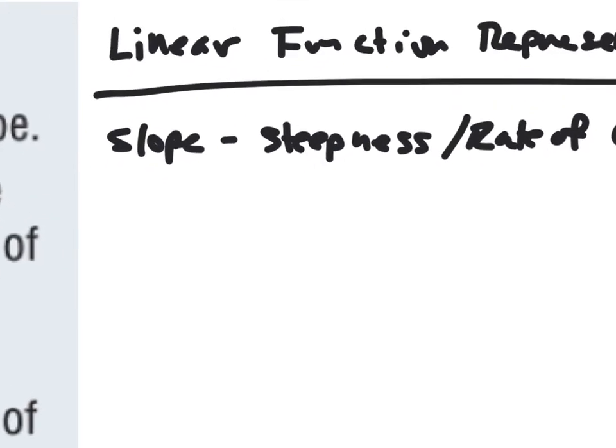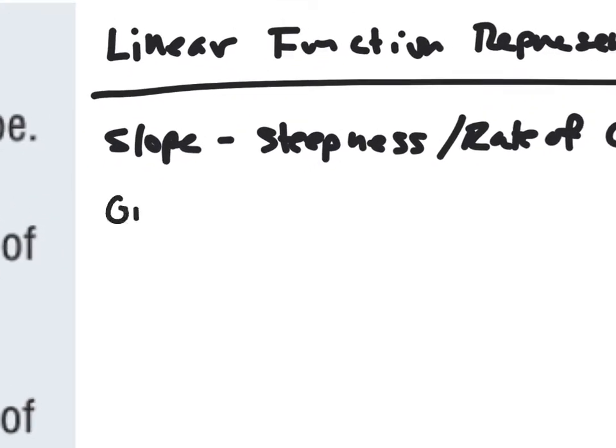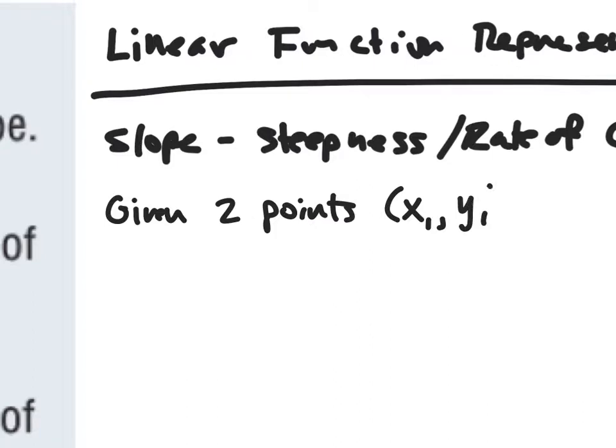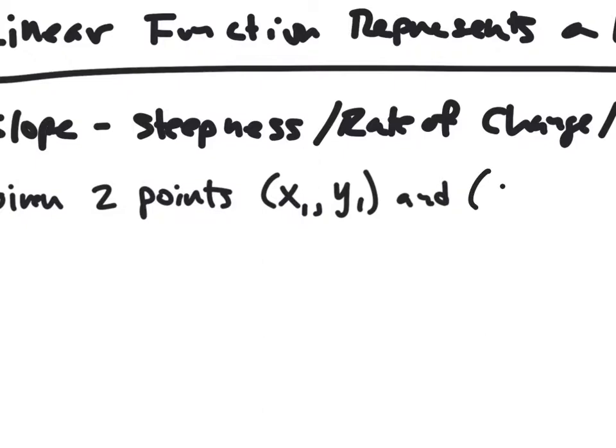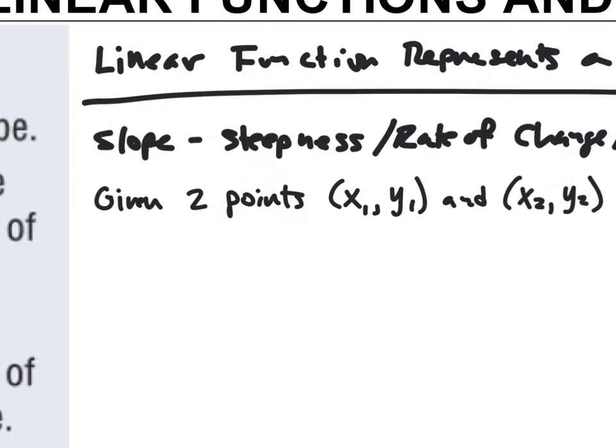There's a formula to calculate slope given 2 points. So given 2 points, I'd call this x sub 1, comma, y sub 1, and x sub 2, comma, y sub 2. We can calculate the slope m by doing y sub 2 minus y sub 1 over x sub 2 minus x sub 1.